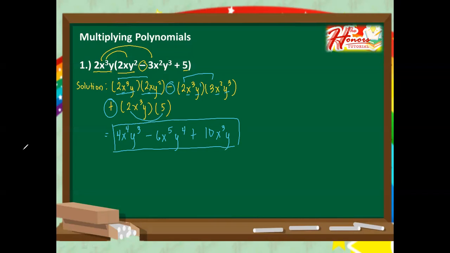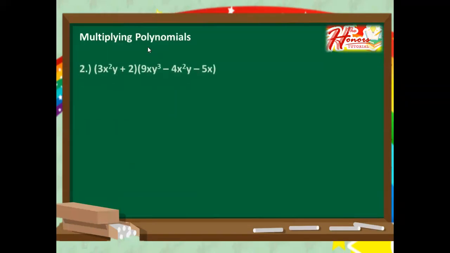Next, let's have another. For number 2, we have here the quantity of 3x squared y plus 2 times the quantity of 9xy cubed minus 4x squared y minus 5x. So please use the distributive or the distribution method. Have the first term here and multiply it to the first term.